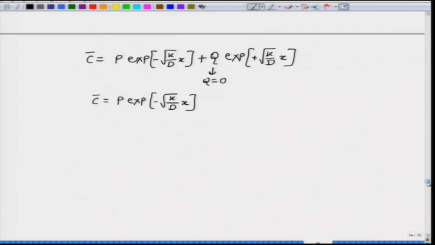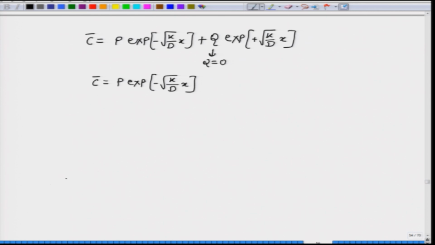Now, to get the value of constant p, let us use the boundary condition, which is C at x equal to 0 at any time t is C s, right. And if we take the Laplace transform again on both sides, integral 0 to infinity e to power minus k t C of 0 t dt equal to integral 0 to infinity C s, which is constant, e to power minus k t dt.